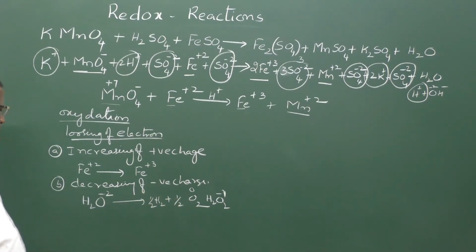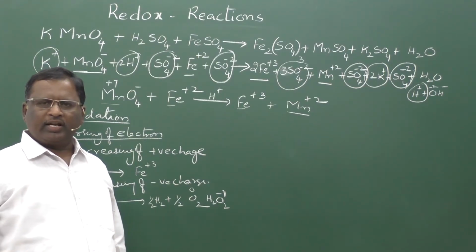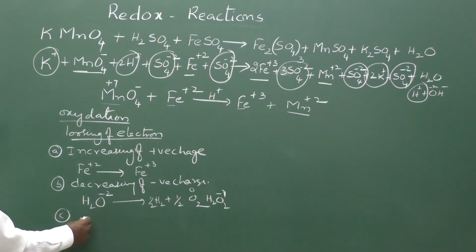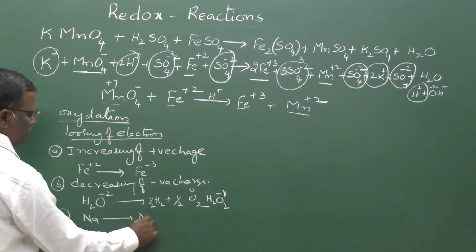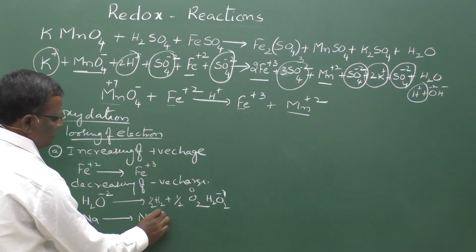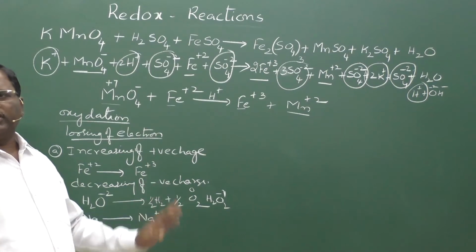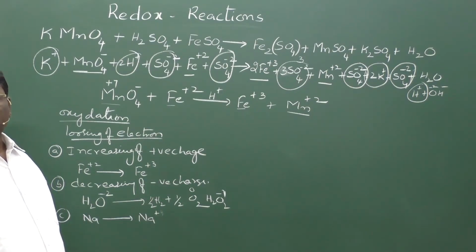Another one is conversion of a neutral atom into a positive ion. A neutral atom into a positive ion means Na, sodium, when it is converted into Na plus, or Mg when it is converted into Mg plus 2; that we call oxidation.